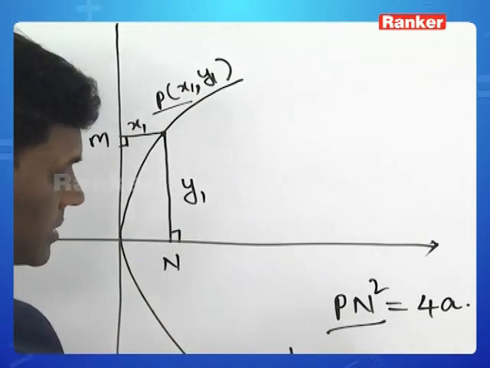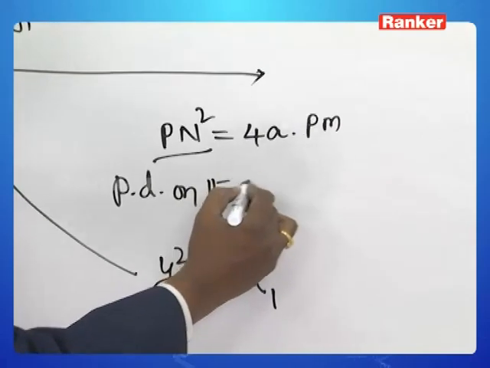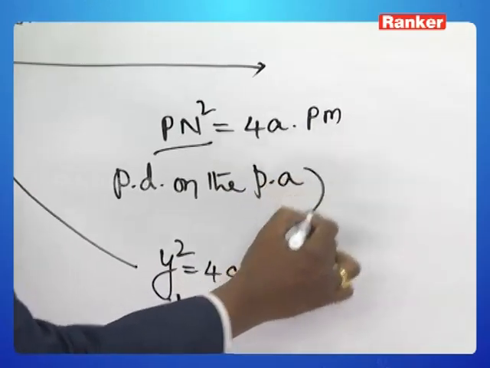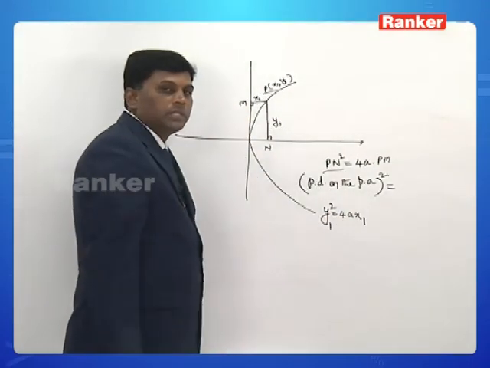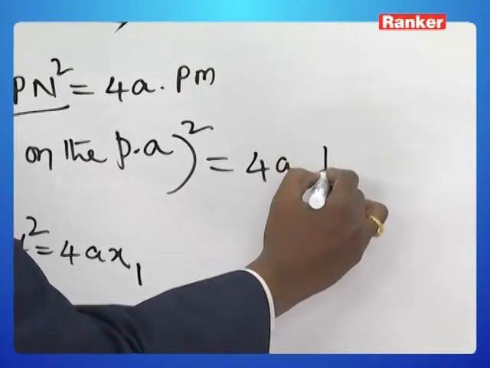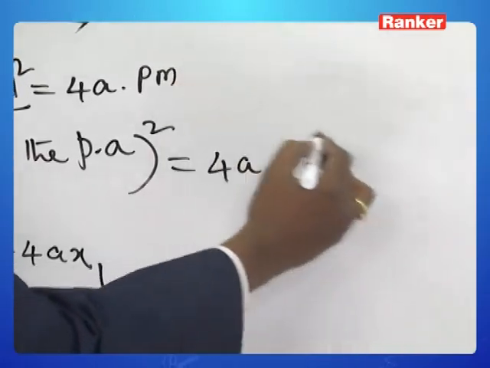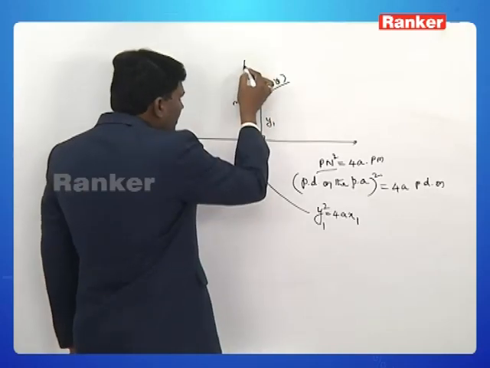So we can write it as the perpendicular distance on the principal axis whole square equals the length of latus rectum 4a into the perpendicular distance on the y-axis.